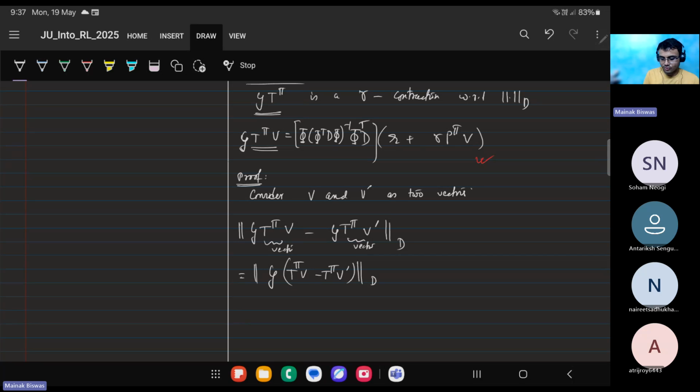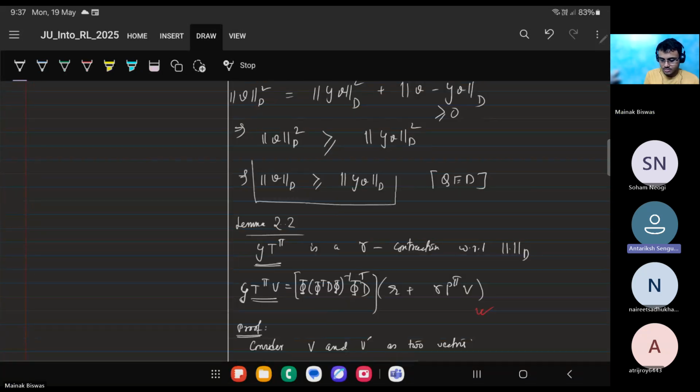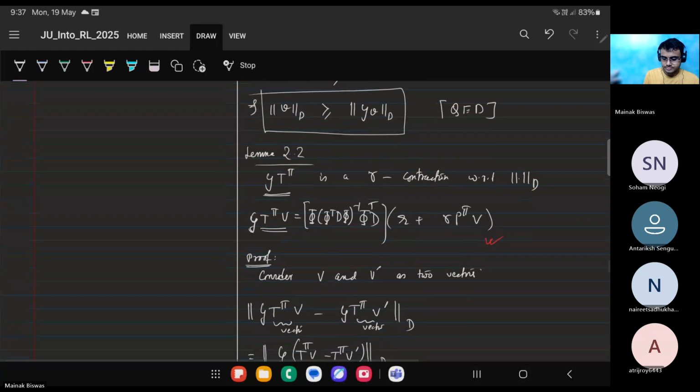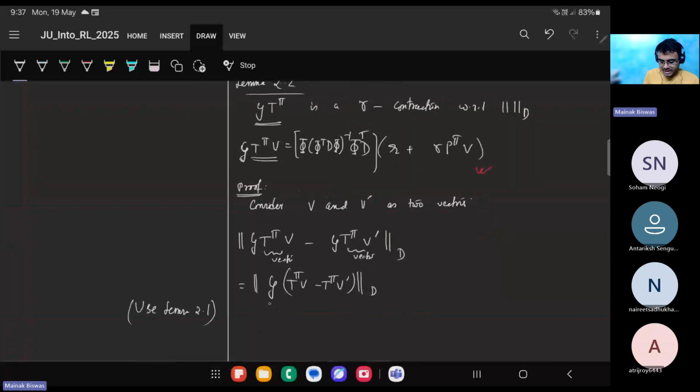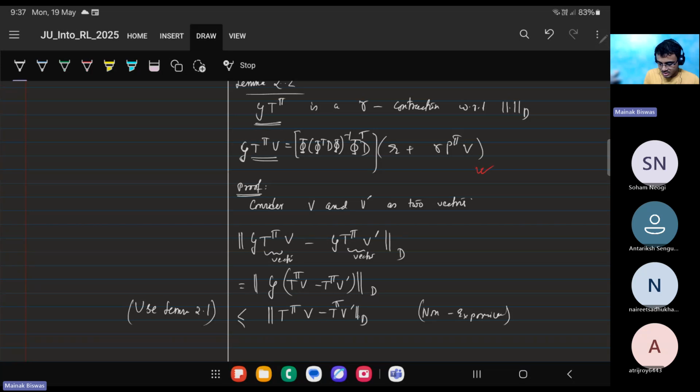Now I can just use the last result I proved, the lemma. I can say that it's less than or equal to gamma times the norm of V minus V dash, from lemma 2.1 by non-expansiveness. So this is less than or equal to the norm of T pi V minus T pi V dash in the D norm.